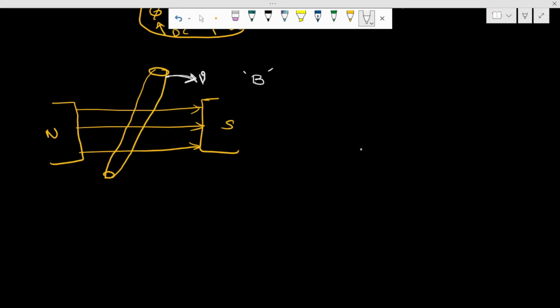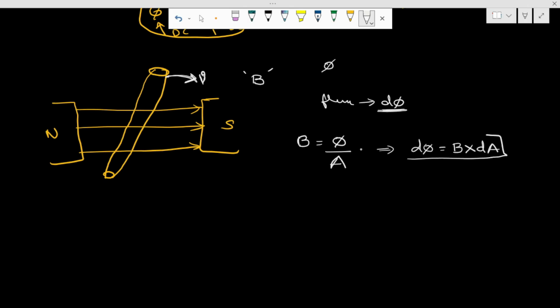Let us take small quantities of all this. Flux let us take as d phi. D phi means a small quantity, while flux is the total quantity. We know that flux density is equal to flux per unit area. So the small part of the flux, d phi, is equal to flux density into a small part of the area.